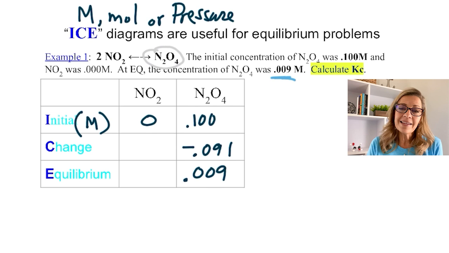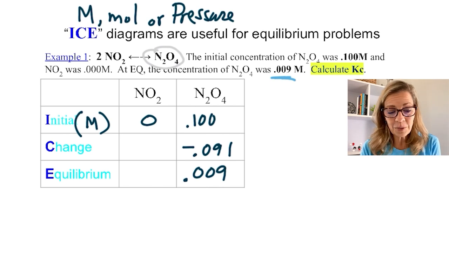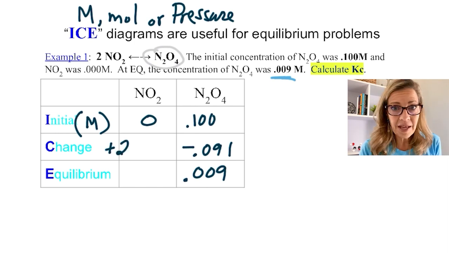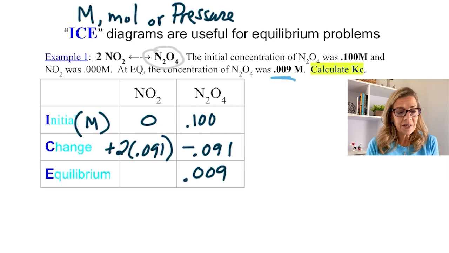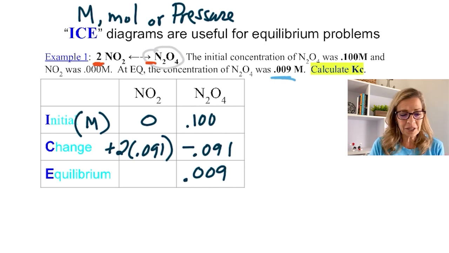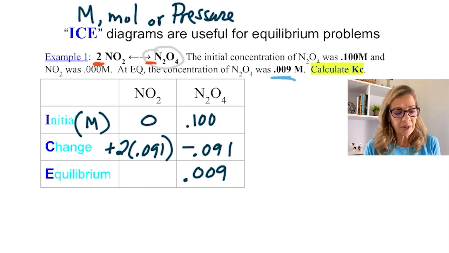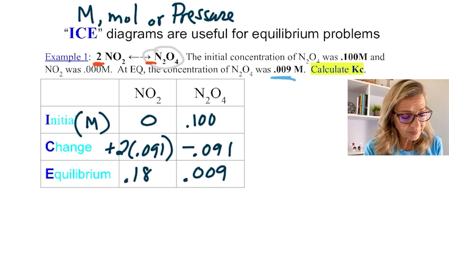We created some NO2. And how much? Well, we created 2 times that. So I'm going to say plus 2 times 0.091, because look at the coefficients. We've got 2 NO2 for every 1 N2O4. So at equilibrium, we went from 0 NO2, we added 0.182.